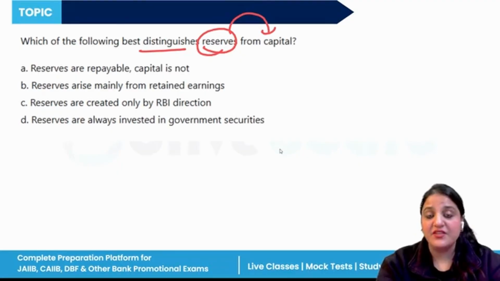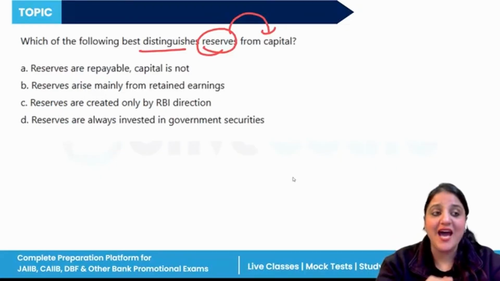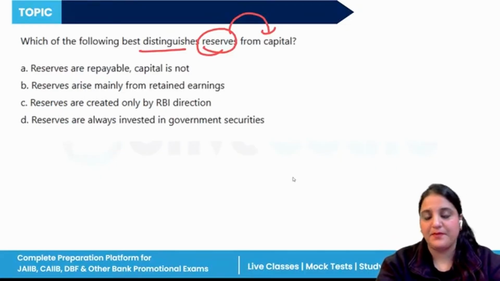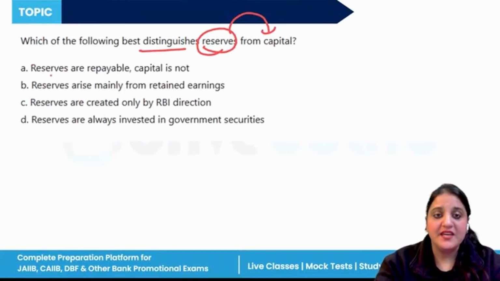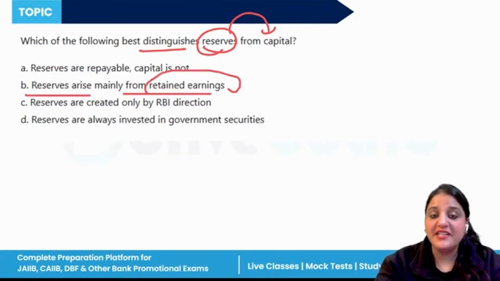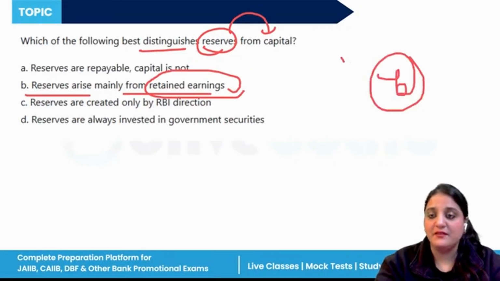These reserves strengthen the bank's internal financial resilience and support growth. So reserves are the accumulated profits which are retained in the business. The correct answer is option B: reserves arise mainly from retained earnings.